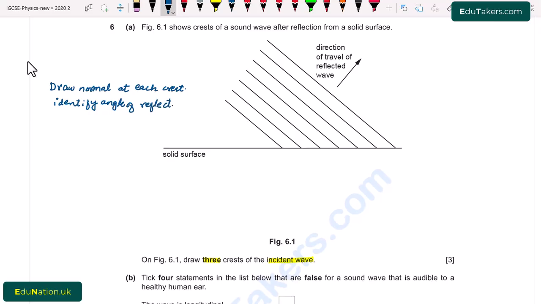And by the law of reflection, we know that the angle of incidence must be equal to the angle of reflection. By using this, we draw the rays at the same angle as that of the angle of reflection. Then draw incident rays.